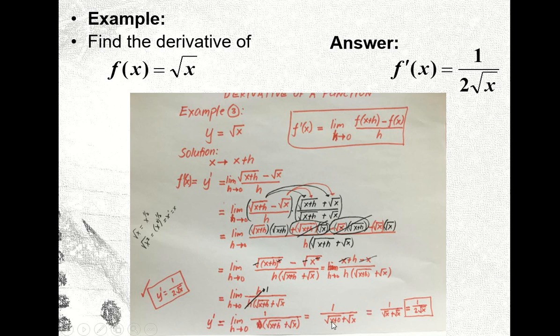So we have square root of x here, plus square root of x. Okay, so you have 1 divided by square root of x plus square root of x, or it's just like 1 divided by 1 square root of x plus 1 square root of x. So you have 1 divided by 2 square root of x. So this is our answer. Y prime equals 1 divided by 2 times square root of x.